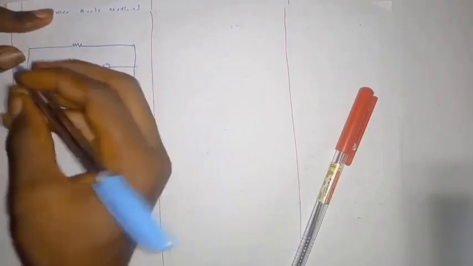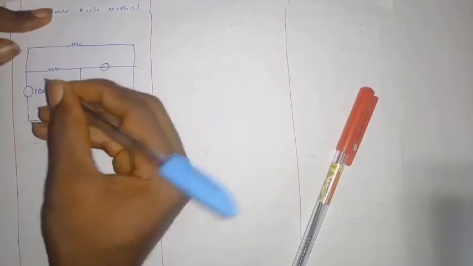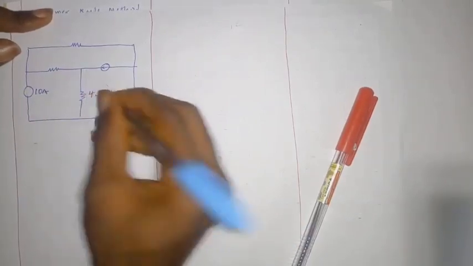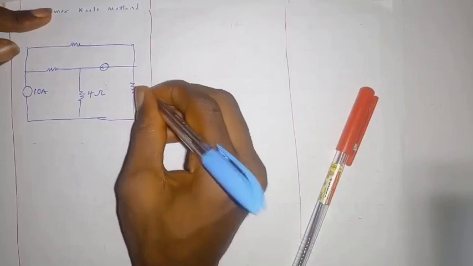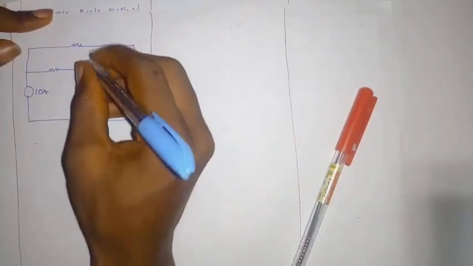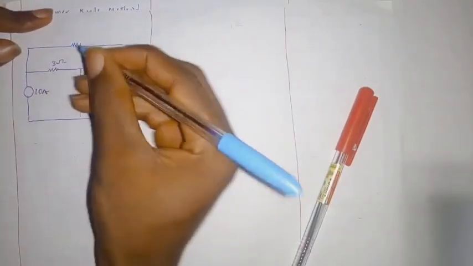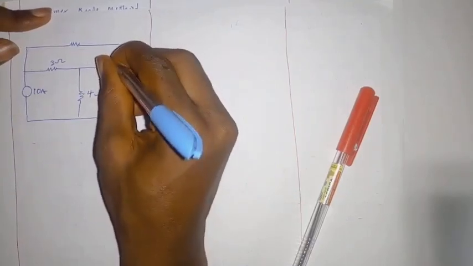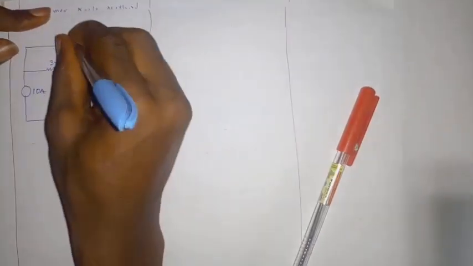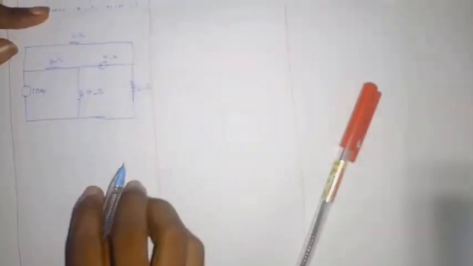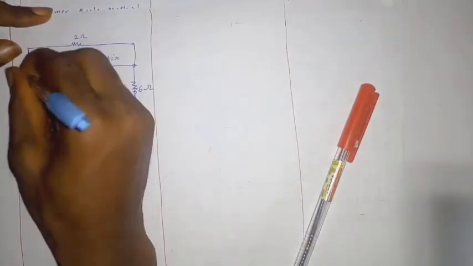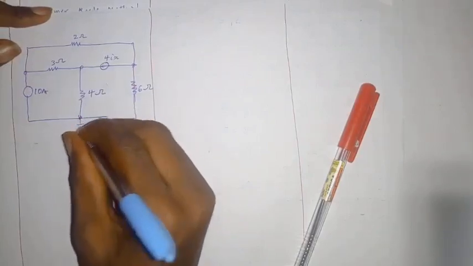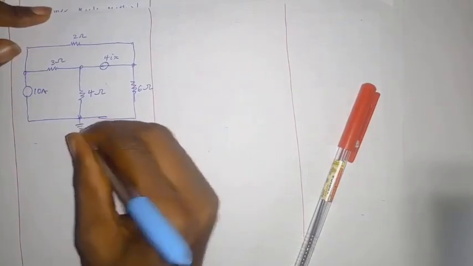Let me label it straight up. 10 ampere, 4 ohms, 6, oh sorry, there's a resistor here, 6 ohms, 3 ohms, 4 ix, 2 ohms, node, and this one is reference node. You already know reference node is 0 volts.